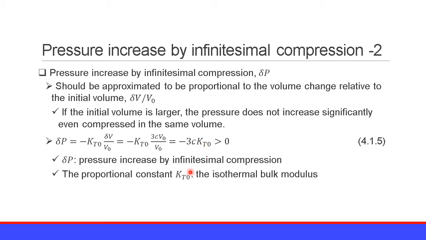And KT0 is referred to as the isothermal bulk modulus. And this delta P is the pressure increase from 0 by infinitesimal compression. Equation 4.1.5.